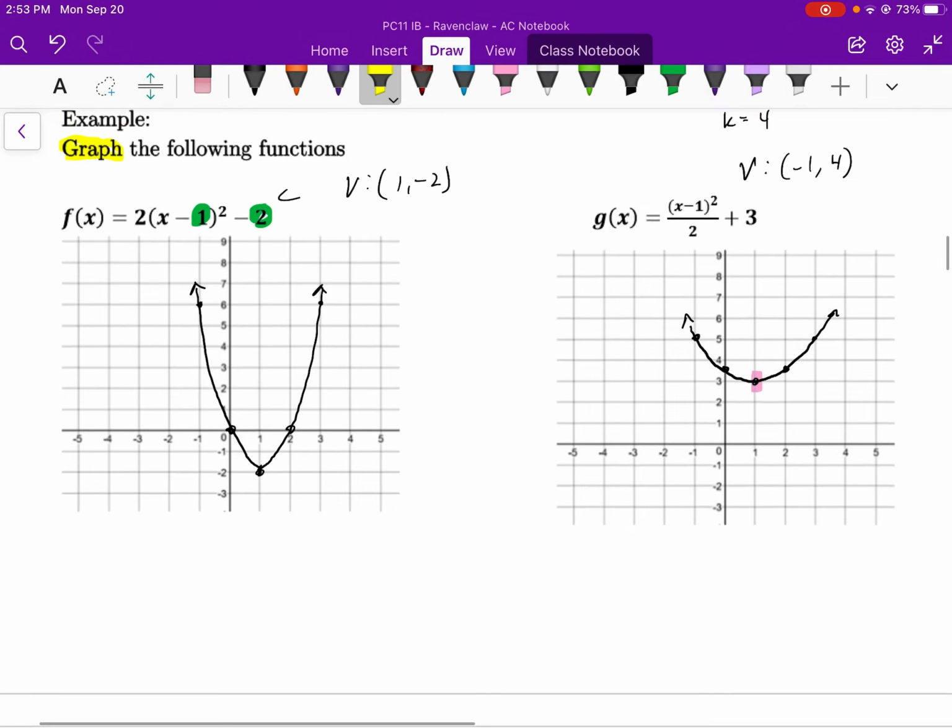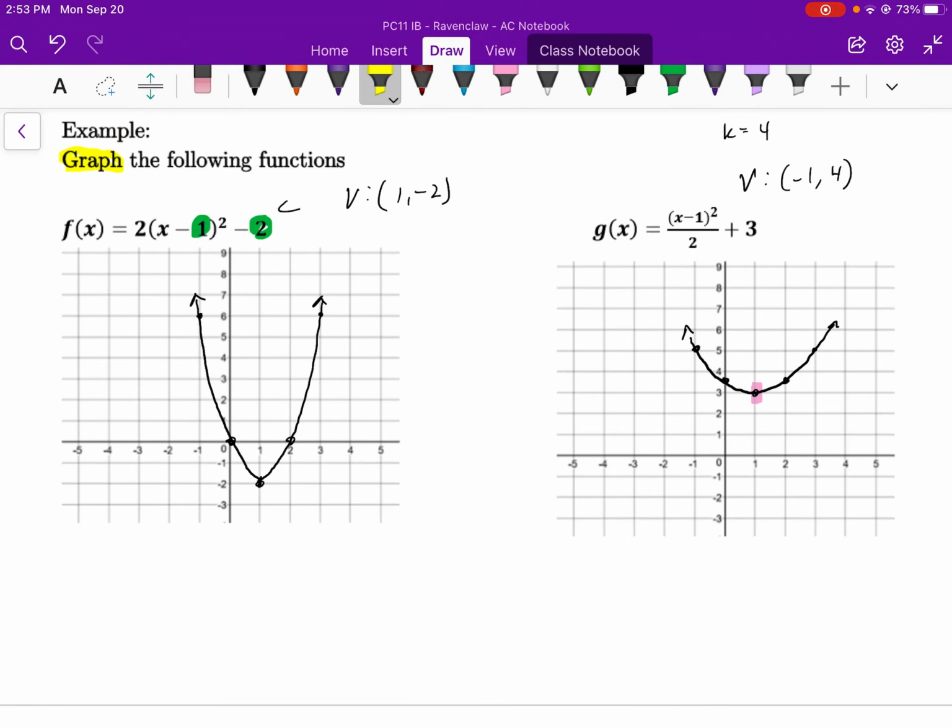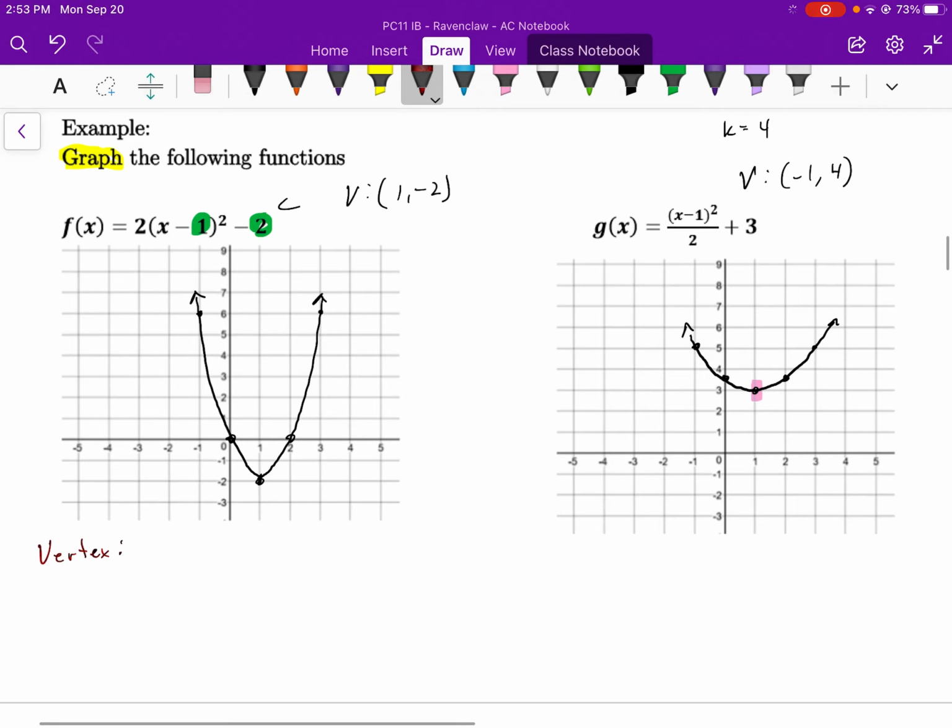Let's go up to here and label our graphs, shall we? So I'm just going to list, I believe the first one was vertex. My vertex here is going to be (1, -2). So I have to label my vertex (1, -2).